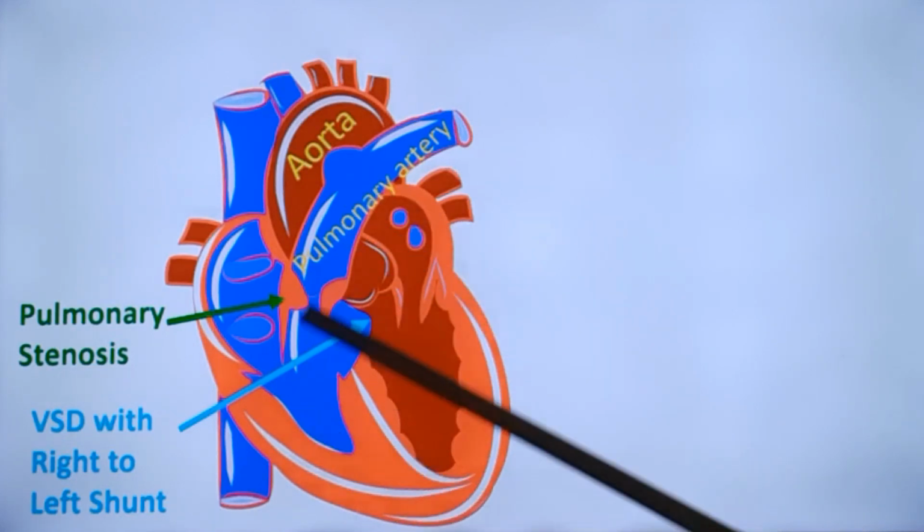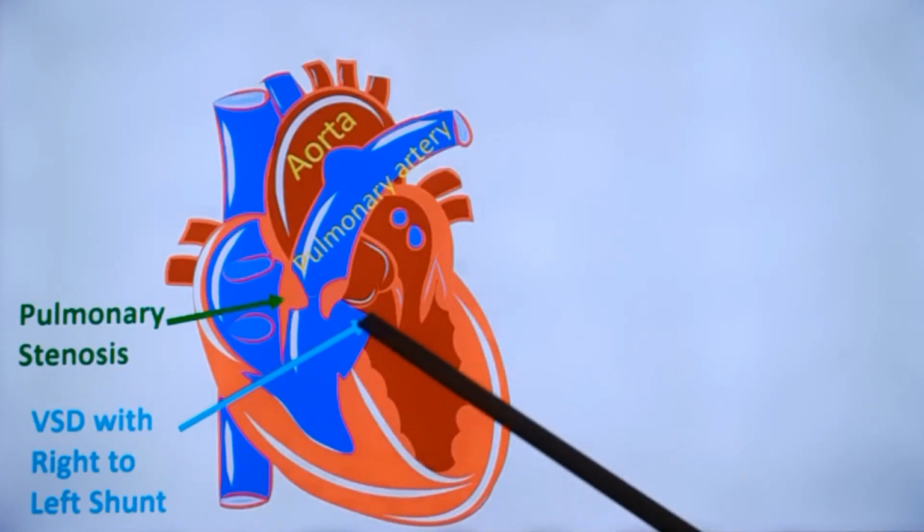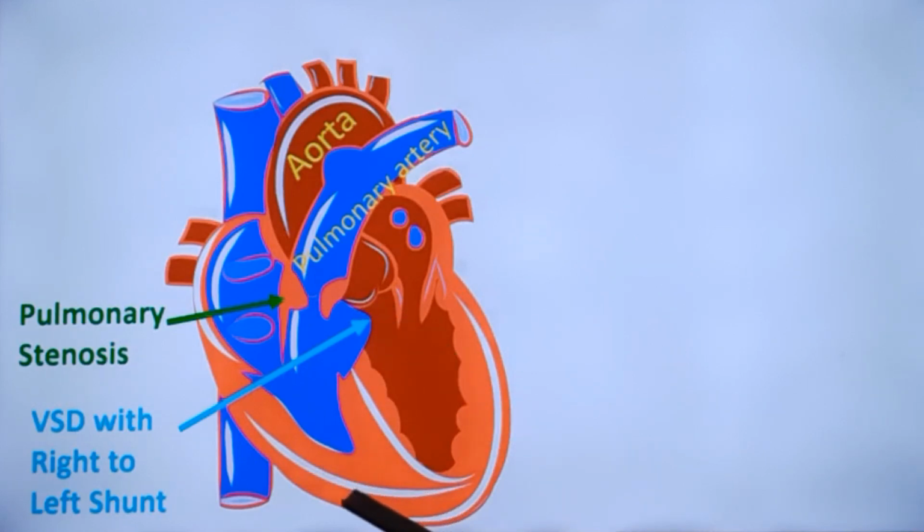When there is severe pulmonary regurgitation after using a trans-annular patch for Tetralogy of Fallot repair, that is also another reason for increased chance for arrhythmias, ventricular arrhythmias after repair of Tetralogy of Fallot.